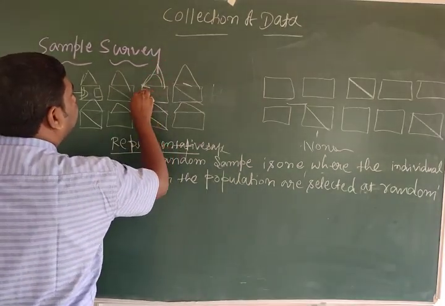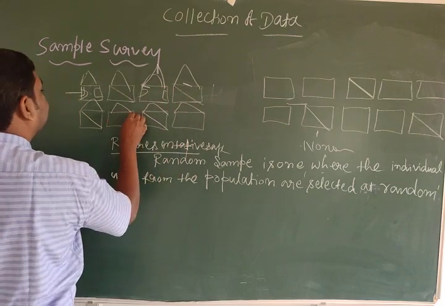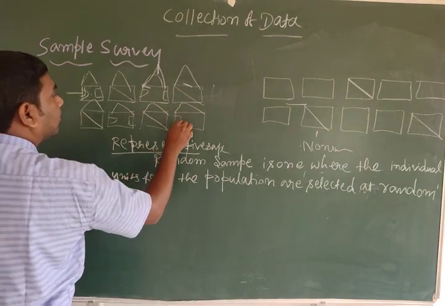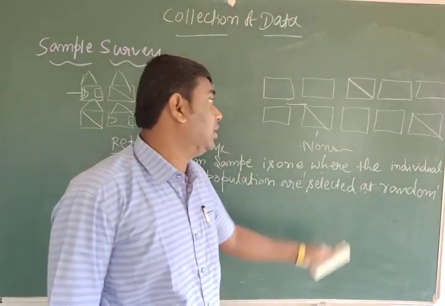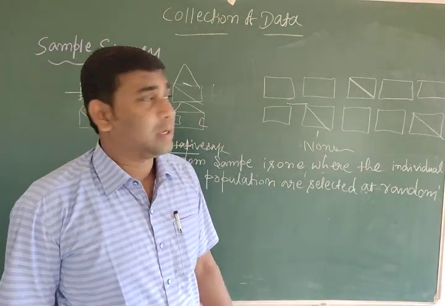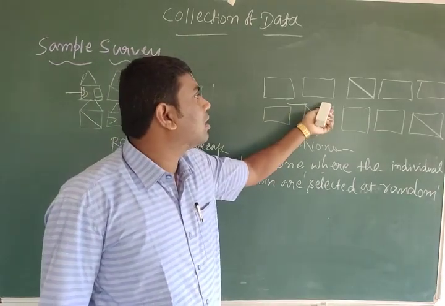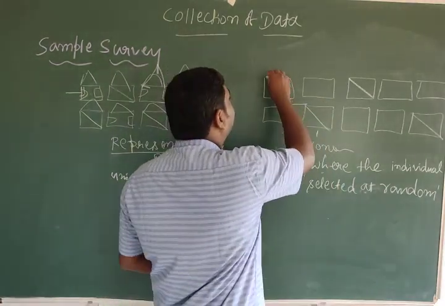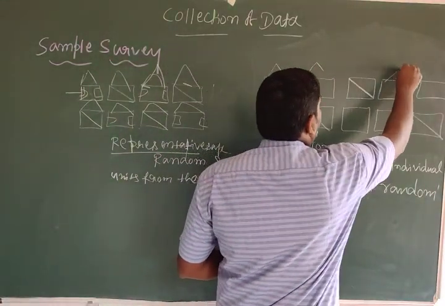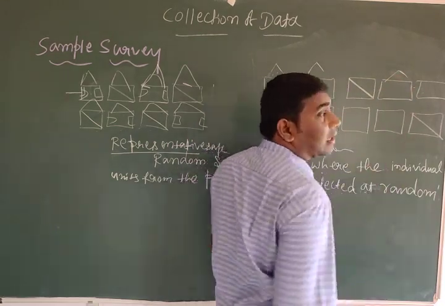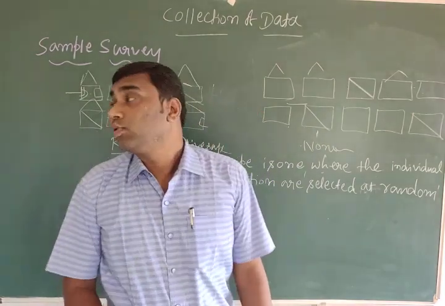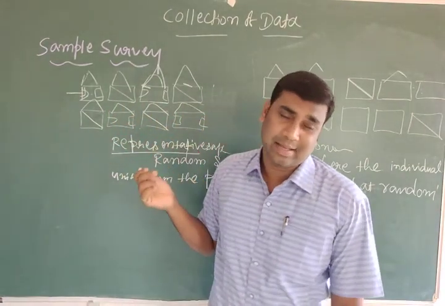Here one is kacha, then again one, again two. Again 1, again 2, again 1, like this only. There is no imperfect way. So this is a representative sample.